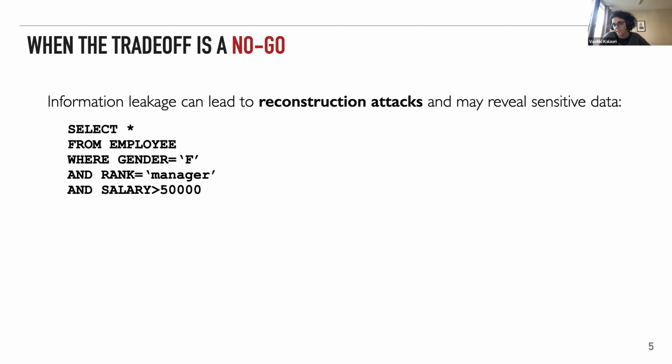Now, knowing that this is a very small population of individuals, women in a manager position, if I leak the intermediate result size, not the result, but the result size of this query, I can potentially find identifying information about these individuals.